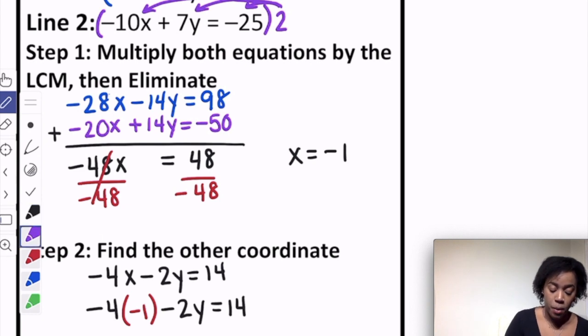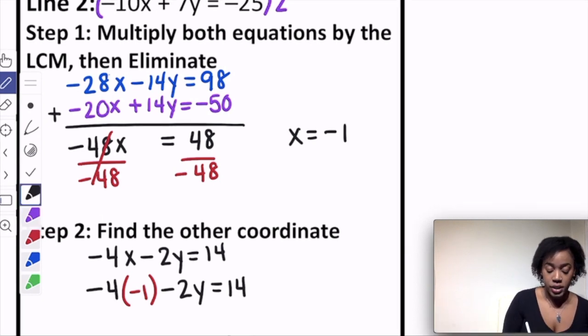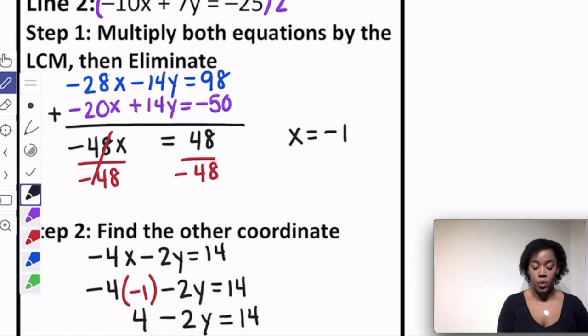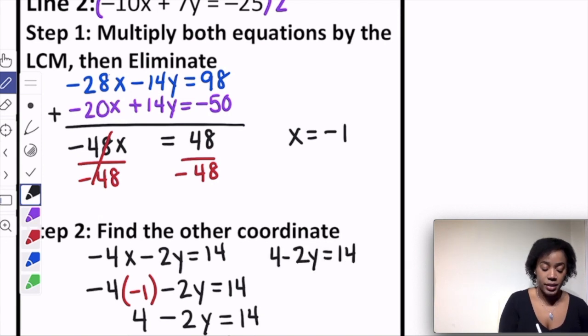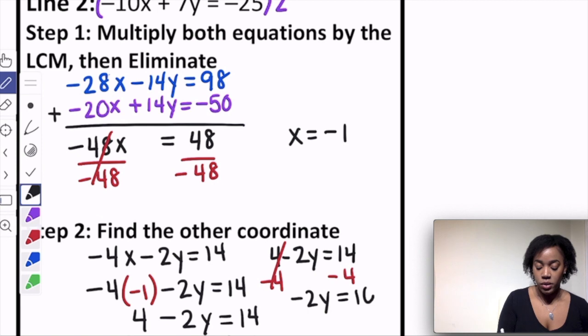So we're going to solve this new equation that we have for y. So we're going to multiply. Negative 4 times negative 1 is 4. And then we'll bring down everything else in our equation. And then we'll isolate that by subtracting 4 on both sides so that we have negative 2y equals 10.